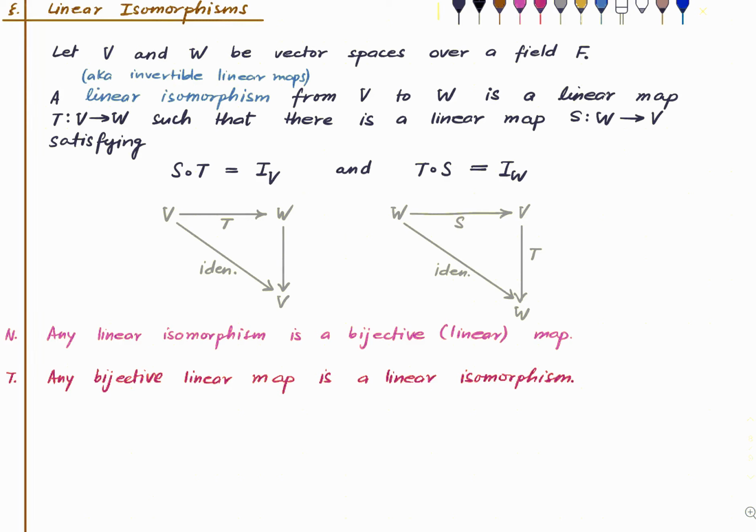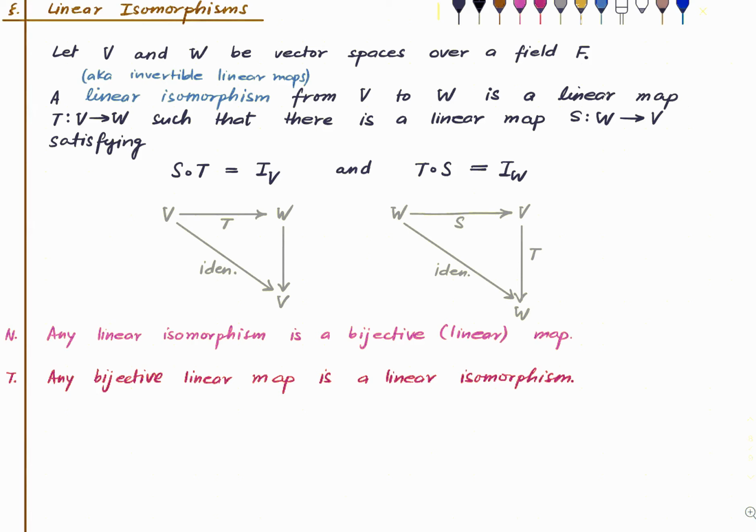So T is in some sense just changing the names of the elements of V, but the behavior amongst the elements of V is the same as the behavior amongst their images. A linear isomorphism gives you a recipe to think of elements of V as elements of W. A linear map may be losing information, but a linear isomorphism preserves information.